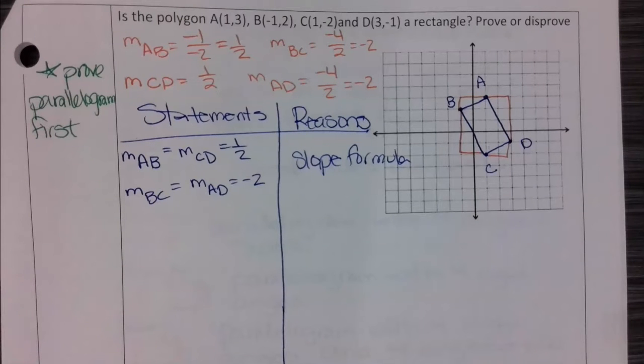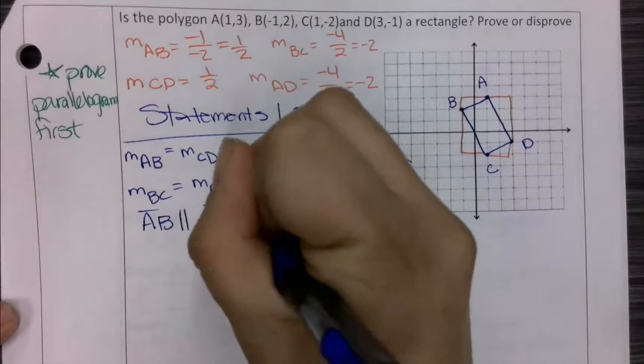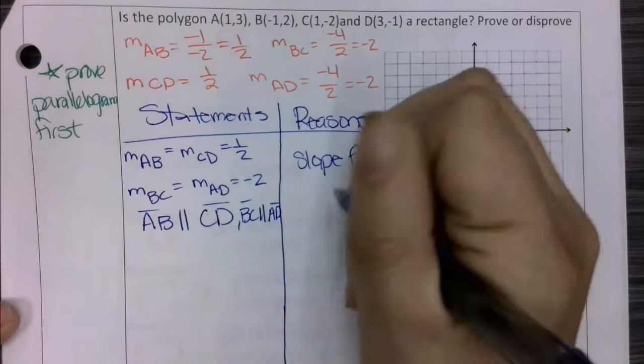Slope. Okay. Then I can say that my two sets of lines are parallel, so I can say AB is parallel to CD, and BC is parallel to AD. Why?